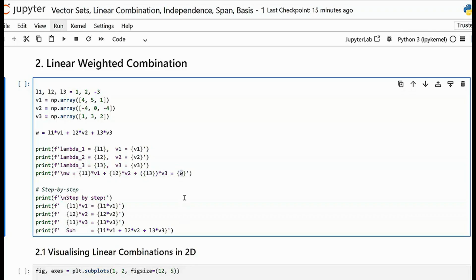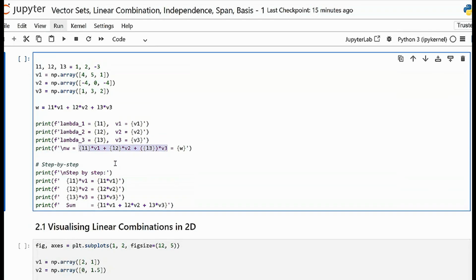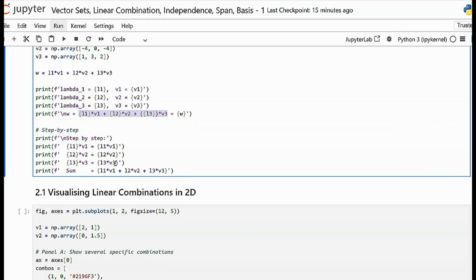Let me take it step by step: we compute each separate value, lambda 1 v1, lambda 2 v2, lambda 3 v3, and then sum them up.